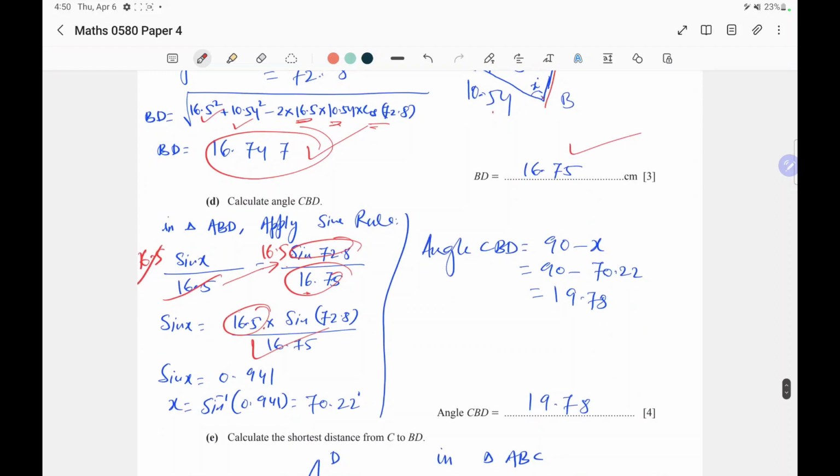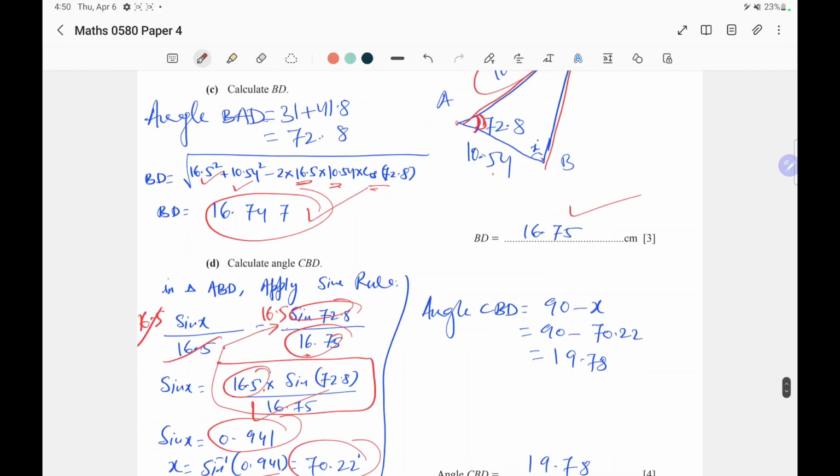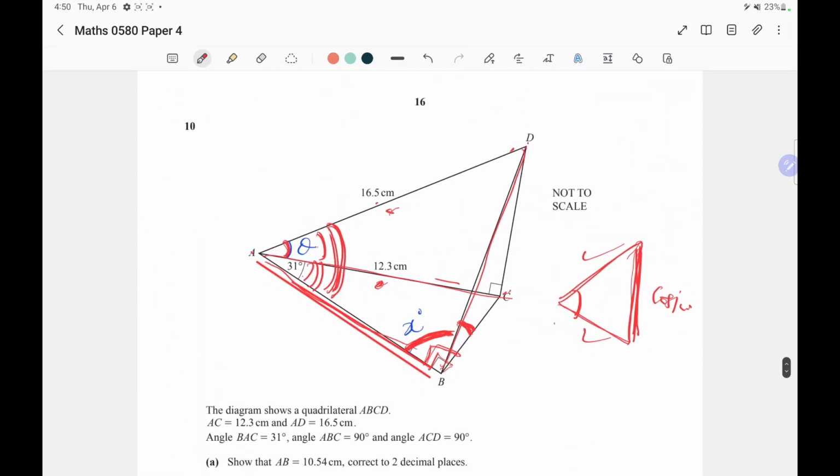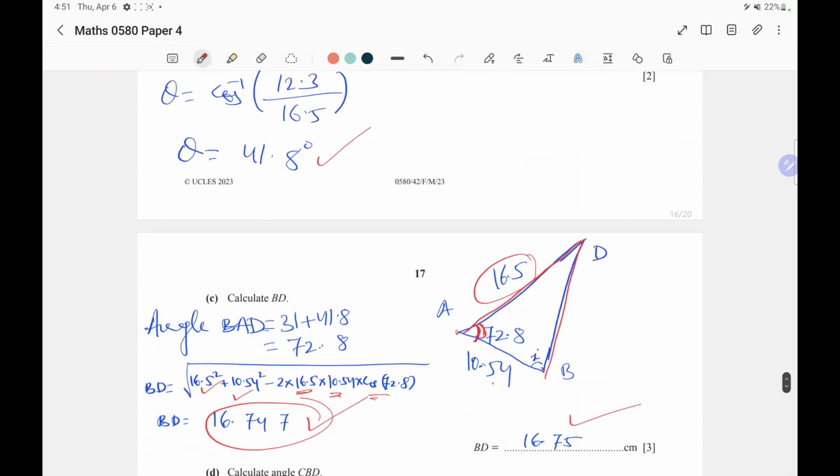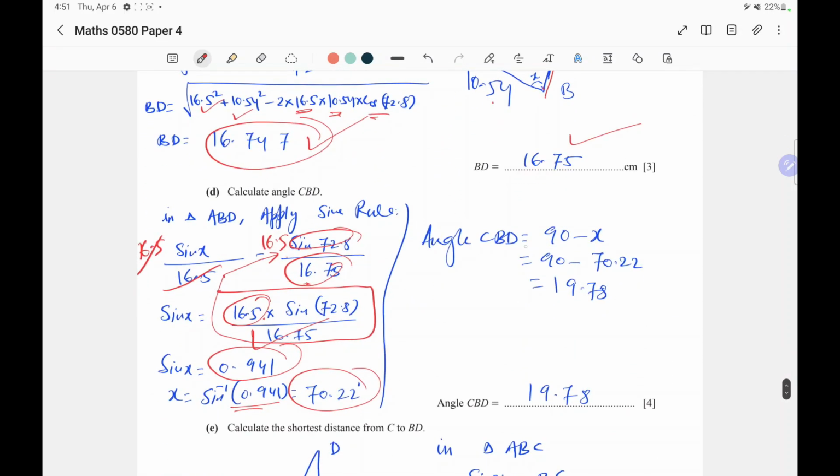Just use a calculator here to get 0.941. Then x is sine inverse 0.941, which is 70.22. As I already explained, this total is 90, so I will subtract x from 90 to get this angle. So angle CBD is 90 minus 70.22, that is 19.78.